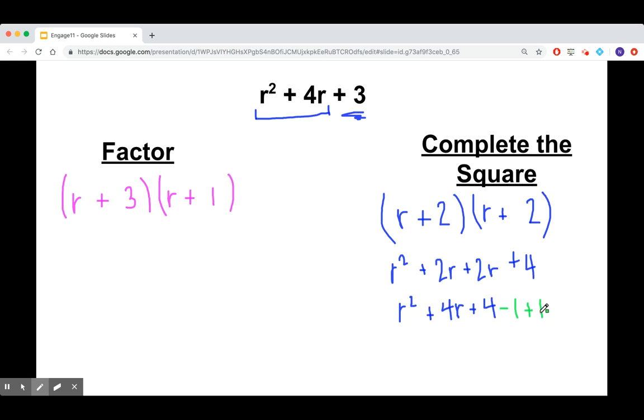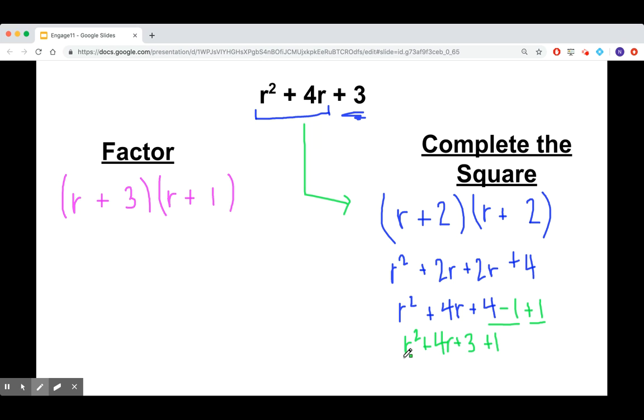So I'm going to add a 1. So now I've taken away a 1, I've added a 1, and if I rewrite my expression, I have plus 3 plus 1 because I subtracted 4 minus 1 and I added 1. Now, of course, we know from the first step of completing the square that r squared plus 4r plus 3 is the same thing as r plus 2 times r plus 2.